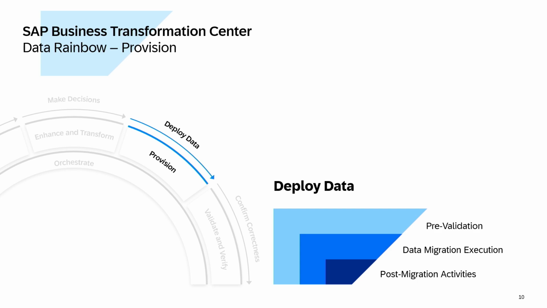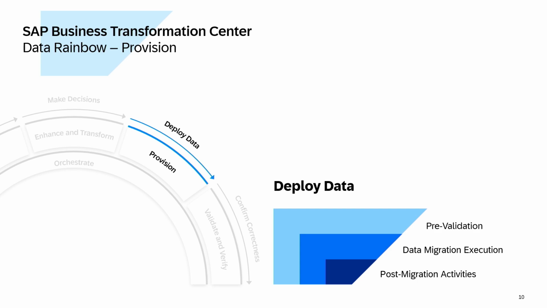Then you run the data migration execution, means at the end, really push the button and move the data from the ECC system to the SAP S/4HANA system. And after that, there are some post-migration activities necessary to adapt the data according to the new structure in SAP S/4HANA. So this will all be done on a technical level.